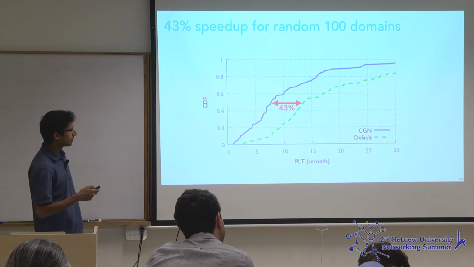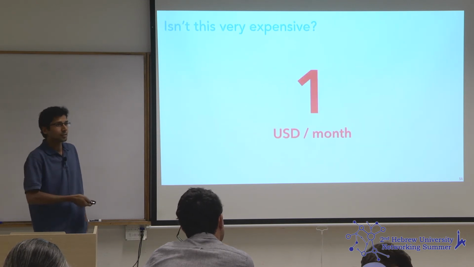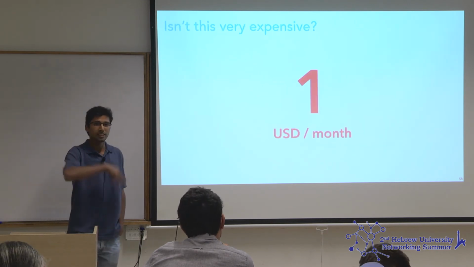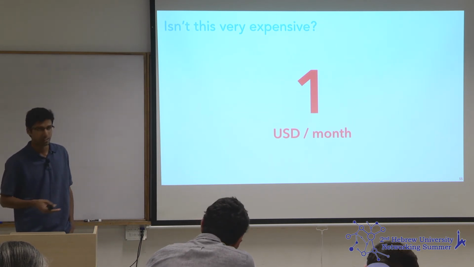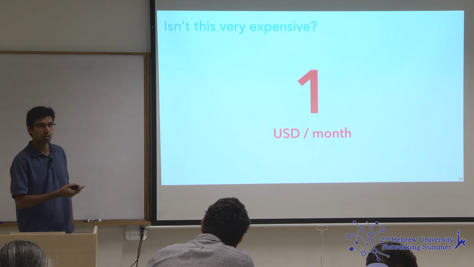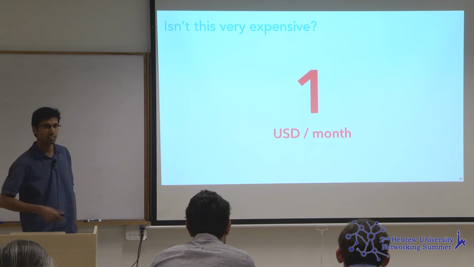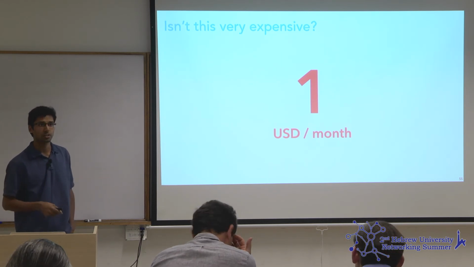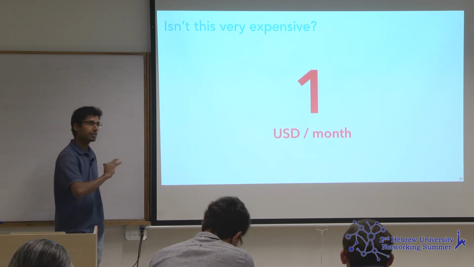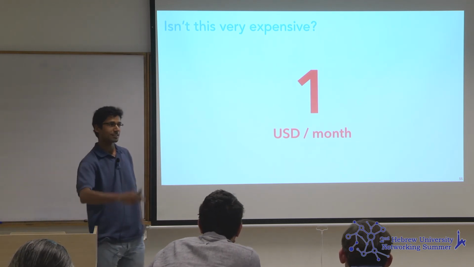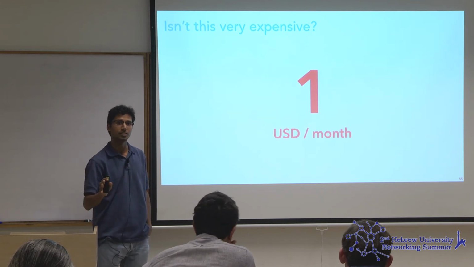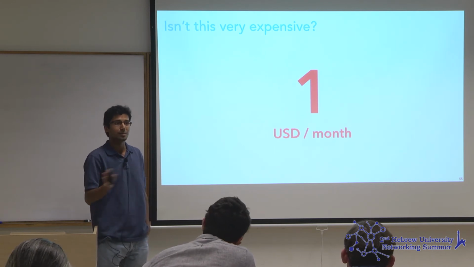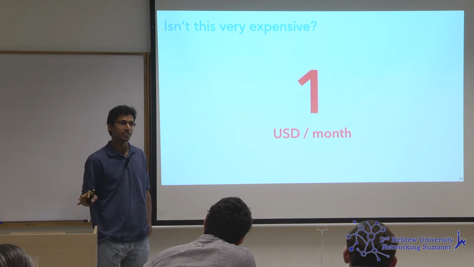Okay. So now the other question is, isn't this very expensive? For every client to maintain this extensive network of proxies on its own would obviously be expensive, but if you multiplex this across users, if you assume that you'll reach a certain scale, you can do this for under $1 per month. And this is based on very, very conservative analysis: take the most expensive Amazon nodes in the most expensive regions, don't do any parallelization, don't do any optimizations.